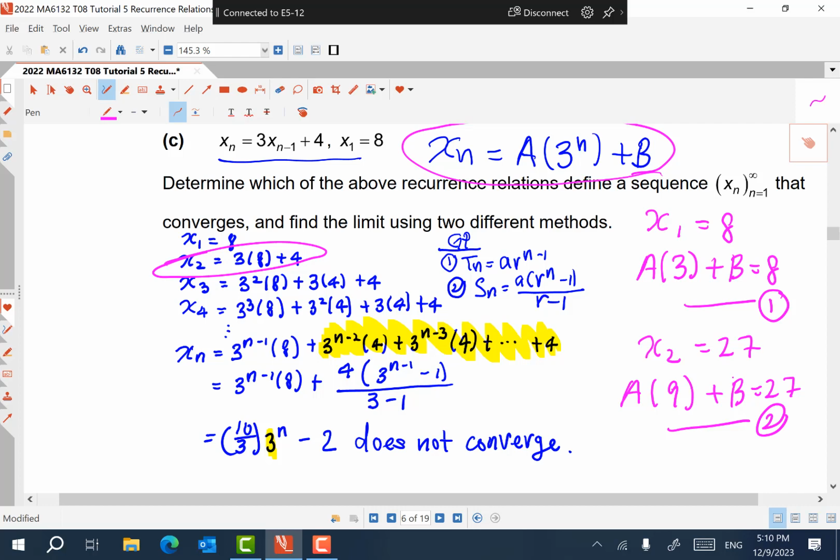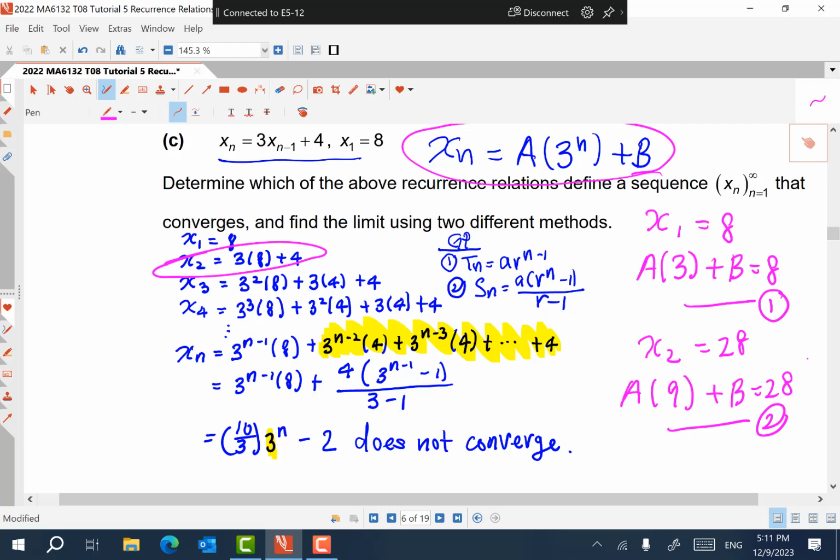Now, can you try to solve them simultaneously and tell me what is your A? Is it 27? Oh, I was just testing alertness. Thank you.